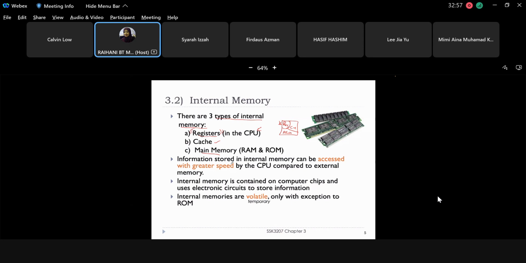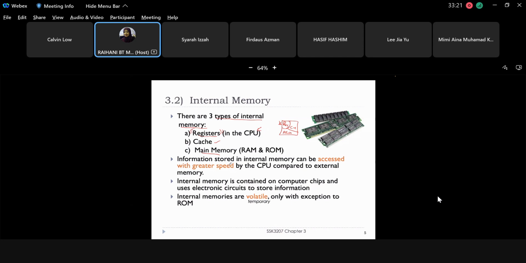So information stored, if I just recall for you, will refer to the RAM and ROM. Remember, registers, as I mentioned, are also a type of internal memory, but they reside in the CPU as a component of the CPU.